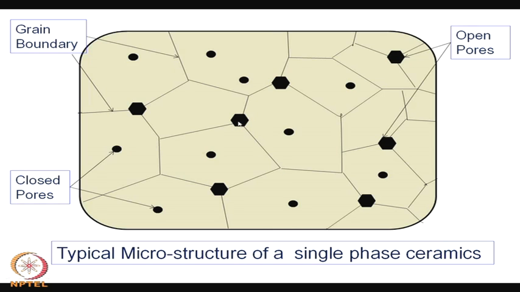To start with, the green compacts are porous, with much larger porosity, and slowly as we increase the temperature, or sinter or fire them at higher temperature, the porosity gets reduced, solid to solid grain contacts develop, and finally you get well developed single crystal grains.